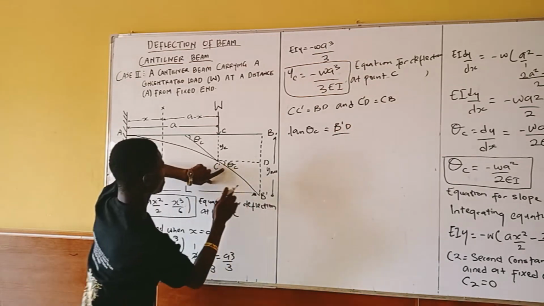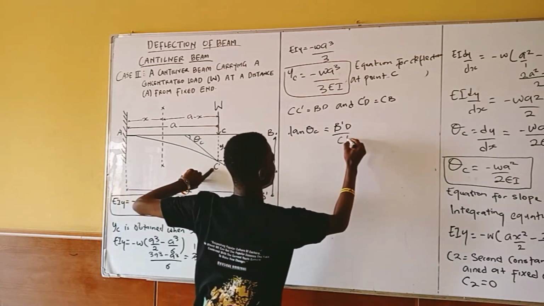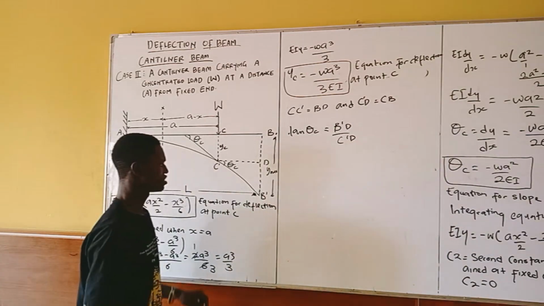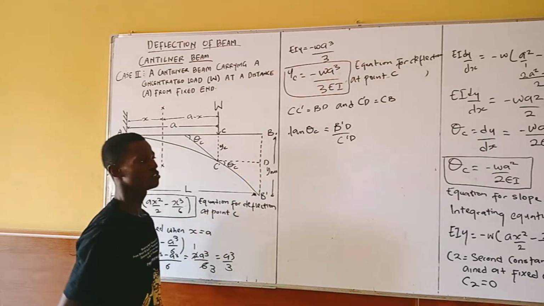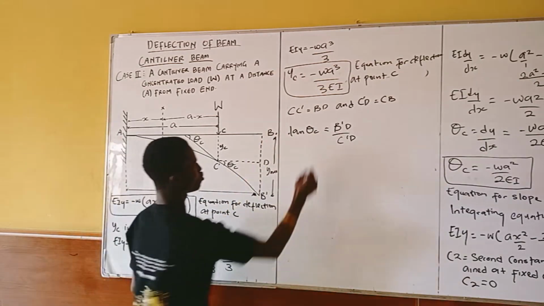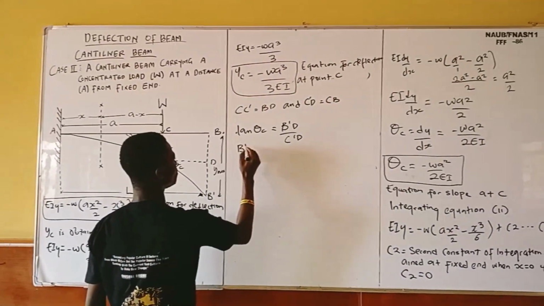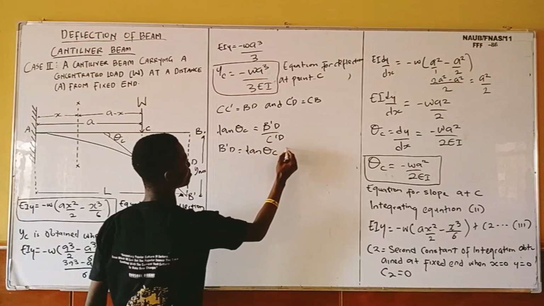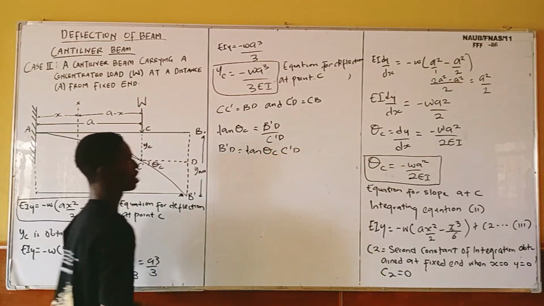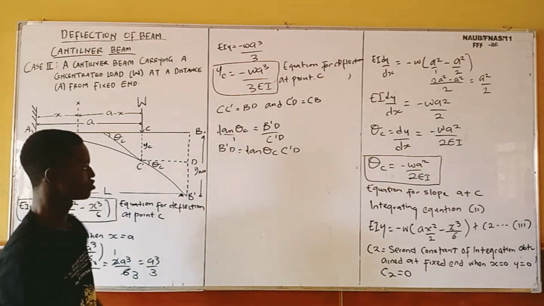So we have B prime D over C prime D, because C prime D is the adjacent. What we are looking for is B prime D, to add to this one to get our maximum deflection. By cross multiplying, B prime D equals tan theta C times C prime D. So I've already cross multiplied it.